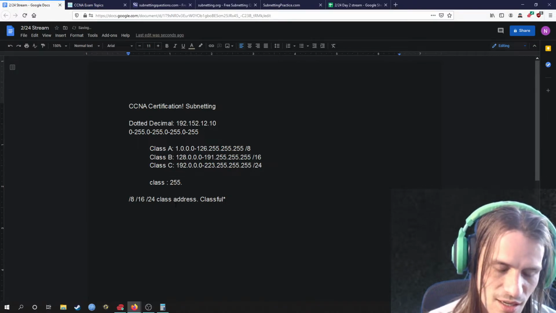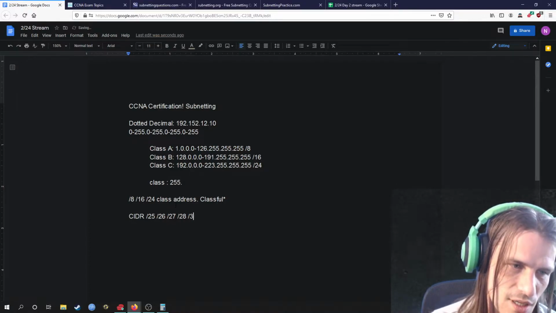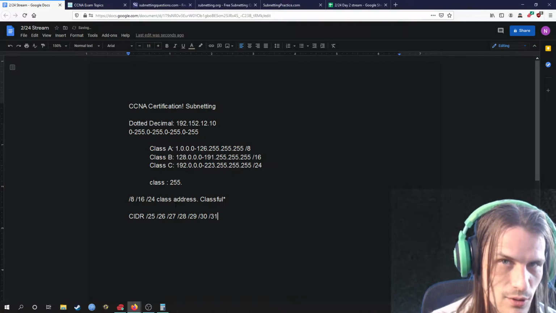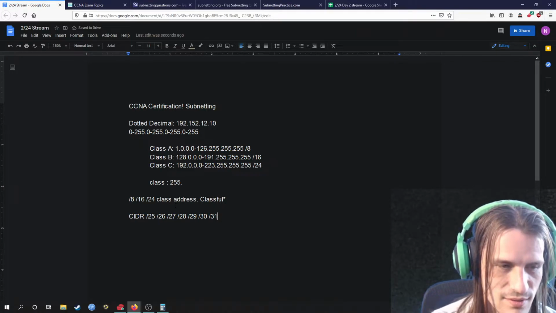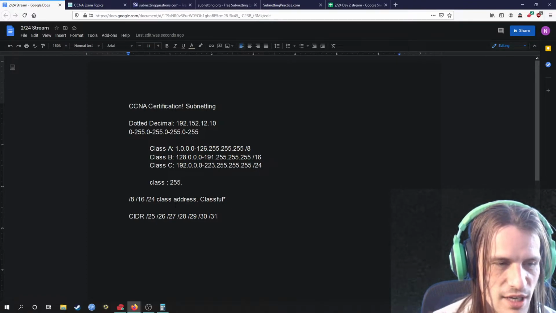And then there's CIDR notation, which is everything outside of that, like a /25, /26, /27, /28, /29, /30. In some cases with Cisco, you can actually use a /31. We'll talk about that later. Some special Cisco stuff makes you not need a network or broadcast address.